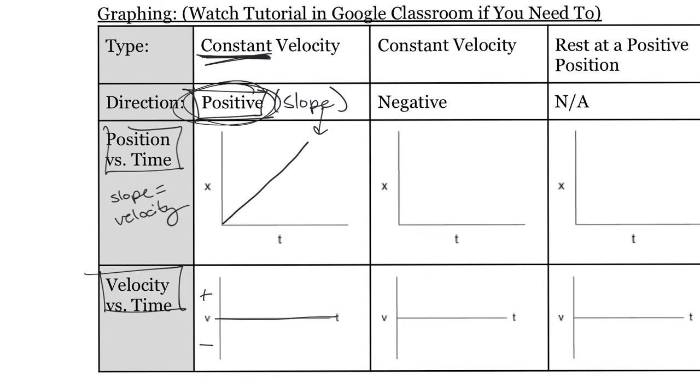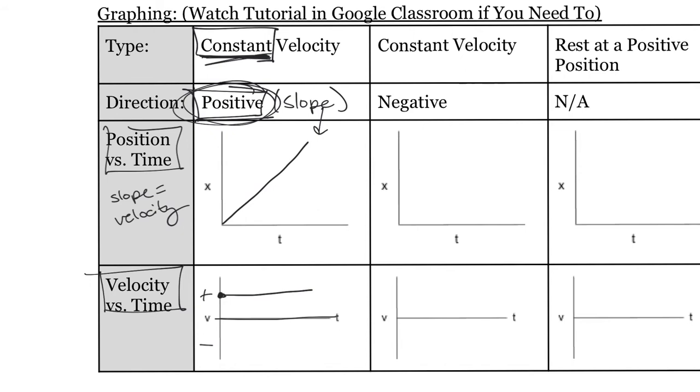If we're at positive velocity, that means we start on the positive side. If my velocity stays the same, it just goes straight across. My velocity is not changing over time, it's staying straight, and it's on the positive side. So we've got a positive constant velocity. That's our graph set number 1.